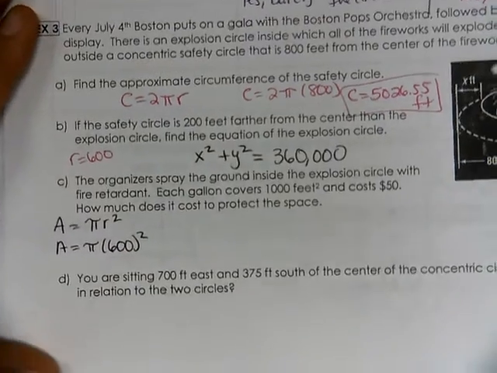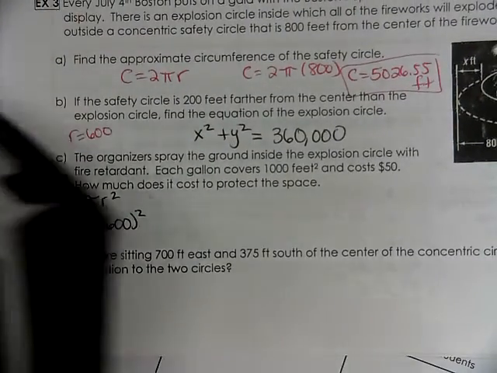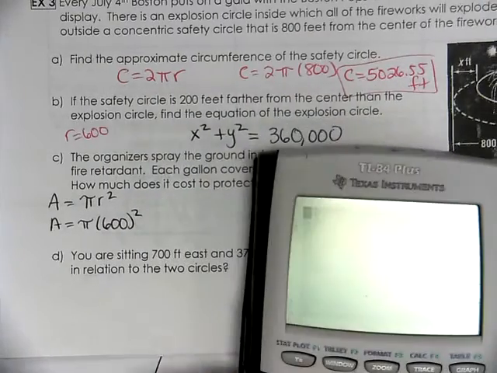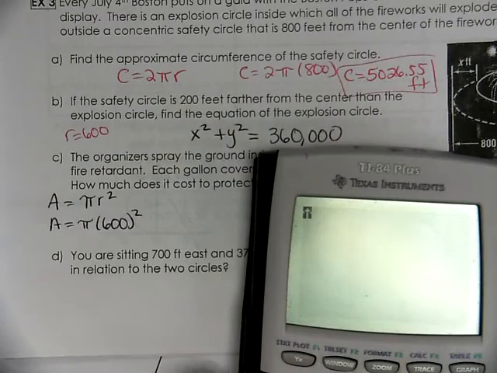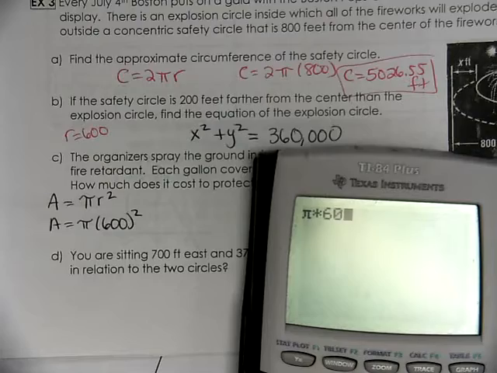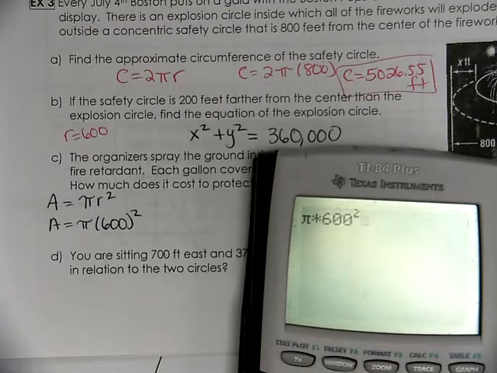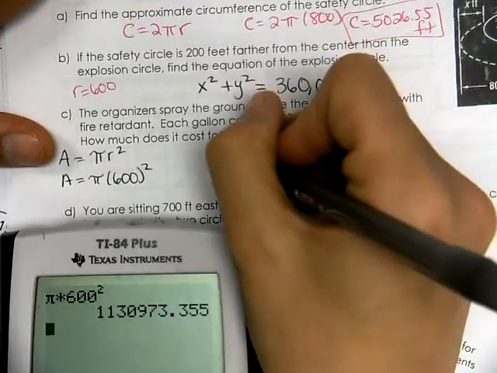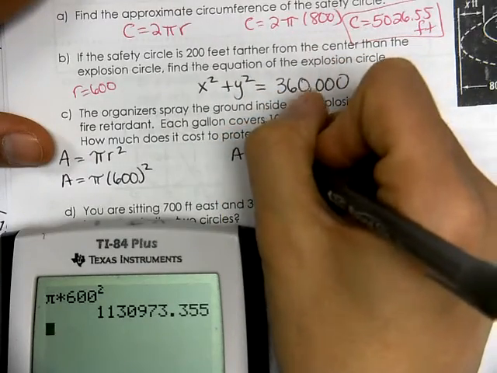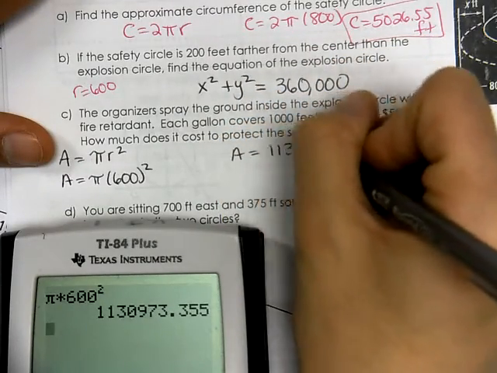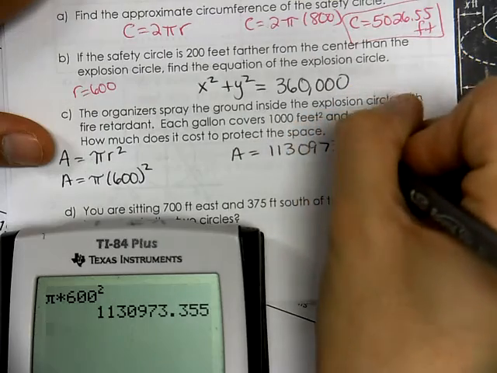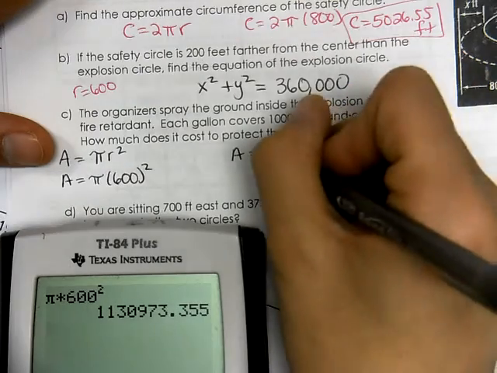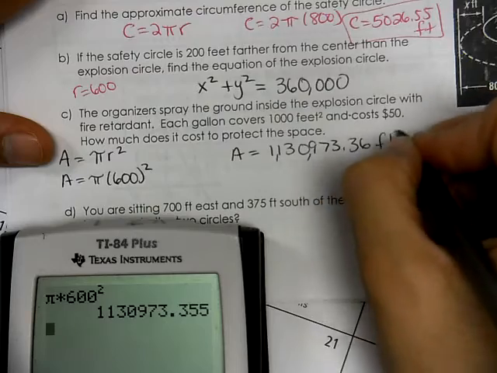So we're going to do pi times 600 squared. Whoa. So the area of the circle is 1,130,973.36 square feet.